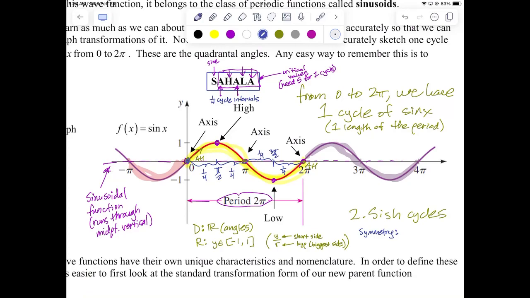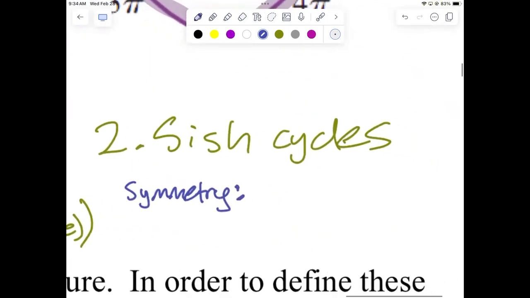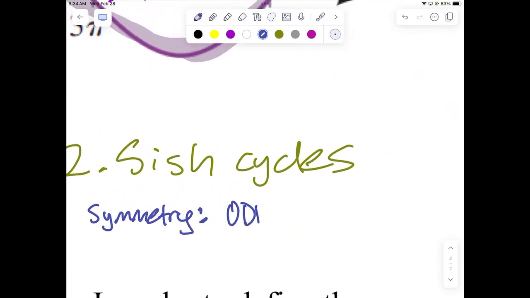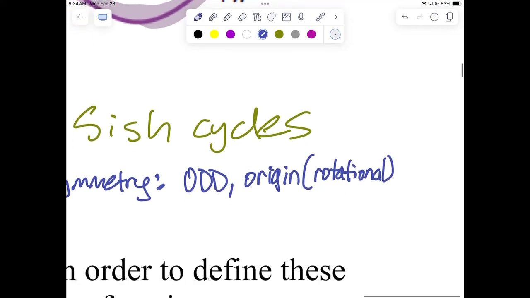Y'all can do that at your desk. Does it match when you turn it upside down 180 degrees? It sure does, assuming your screen doesn't rotate, right? It has rotational symmetry. So it's an odd function. It has origin, which we'll put rotational here to remind you. It's rotational symmetry.